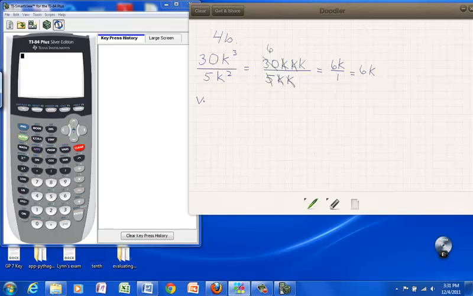And let's verify our answer. Now, I've been picking a lot of 5s. You actually can choose anything you want for K other than 0, 1, or 2. So I'm going to let K equal 9. So this is the original expression. And this is the result.